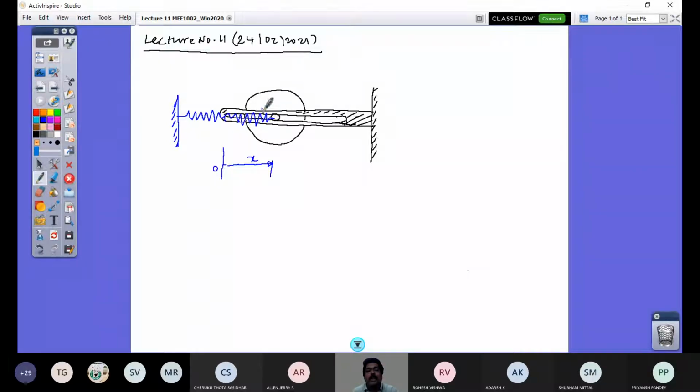From there, the position of the circular disc is at a distance x. What is asked here is that if x is 0, the spring is elongated by 10 mm.